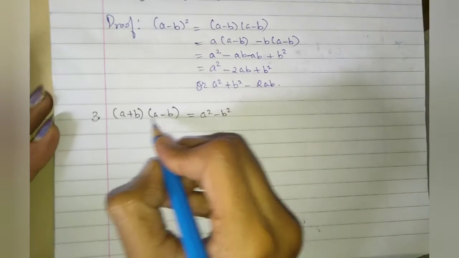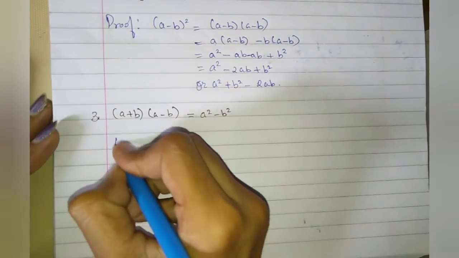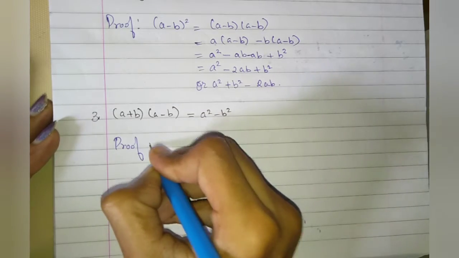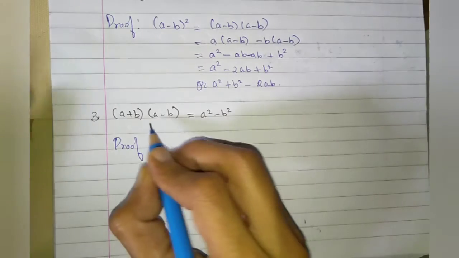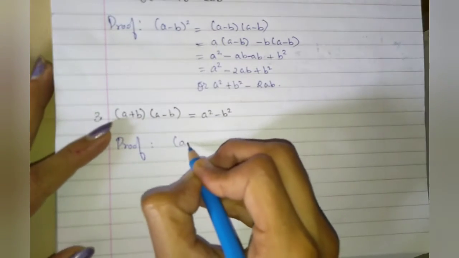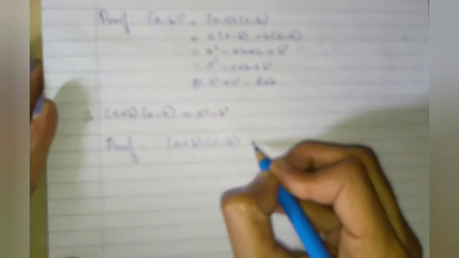Now (a + b)(a - b) equals a square minus b square. This we have to prove. First of all we'll write the LHS.